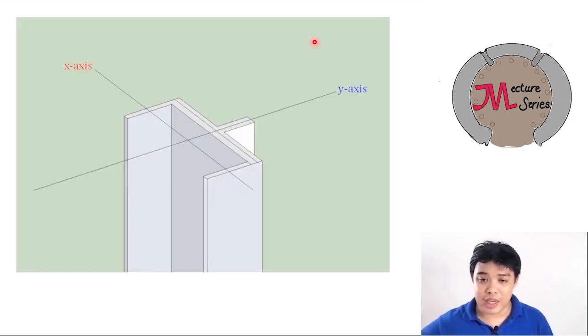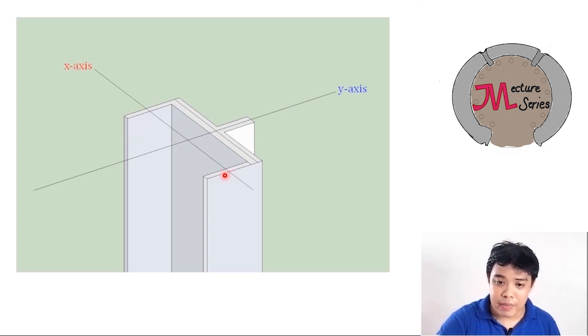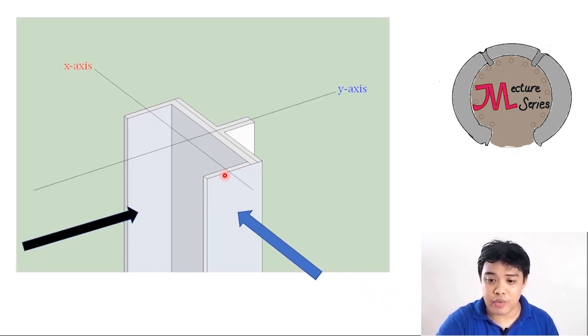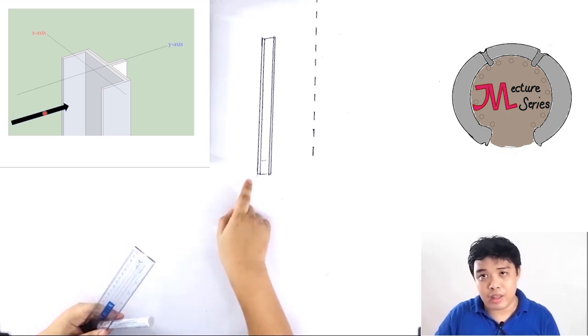Let me show you a three-dimensional figure. This one is the centroidal y-axis of the built-up section, and this one is the x-axis. You can actually view it in two ways. You can view it in this direction, and you can also view it in this direction. Let me show you the figure if you're going to view it first in this direction. If you're looking at this plane, you can see this figure.